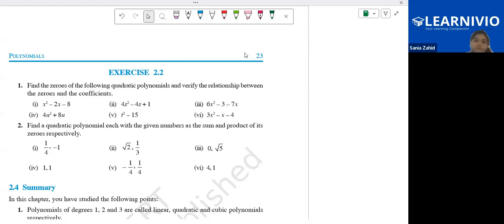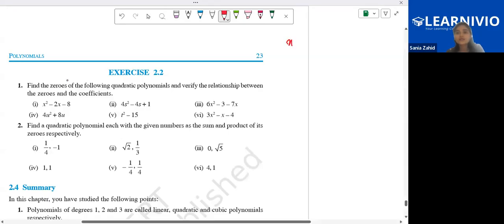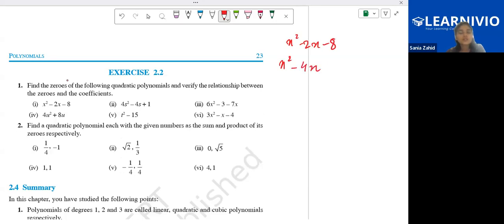X square minus, okay, so I'll split the middle term into -4x plus 2x. How did you split it? X square minus 2x minus 8. X square minus 4x plus 2x minus 8.